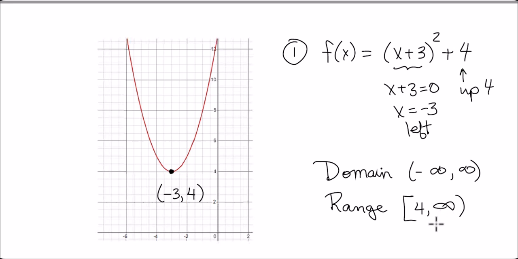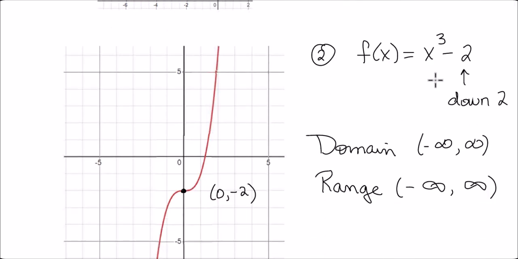The range is how low to how high. Well, it goes as low as 4 and then up forever. How could I change this on the real one? Well, I could make this (x minus 2) squared minus 5. So various additions and subtractions to move it around.